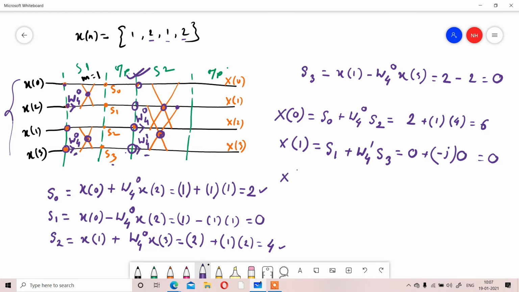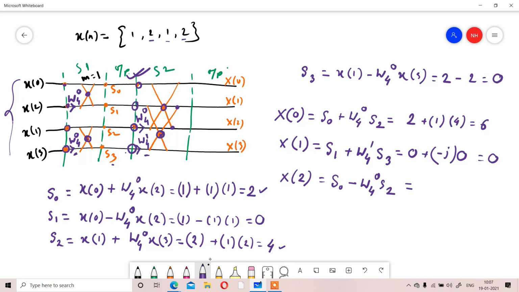Similarly, X2 is the negative part of the first butterfly. So X2 will be S0 minus W40 S2.